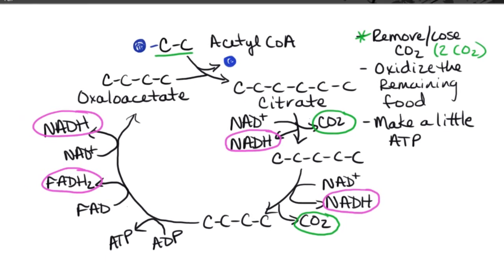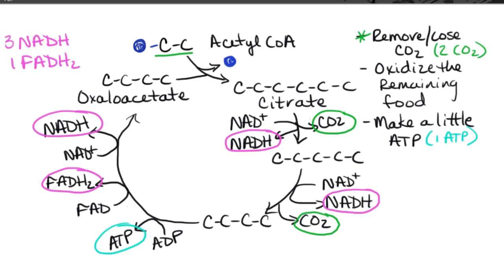And from that, if we just kind of put it over here, we do generate 3 NADHs and 1 FADH2. And again, this is per turn of the cycle. The other valuable thing that we've gotten in all of this is going to be the ATP that we made down here. So we do make 1 ATP for each turn of the cycle.